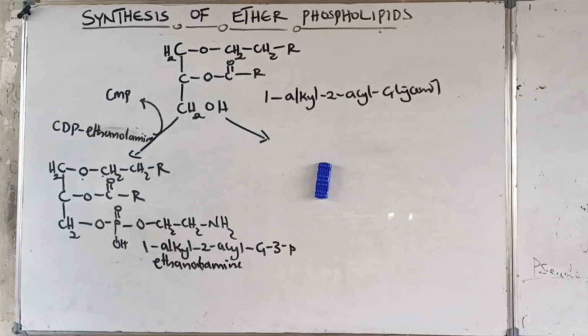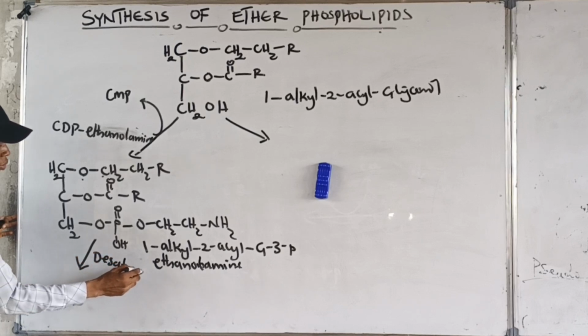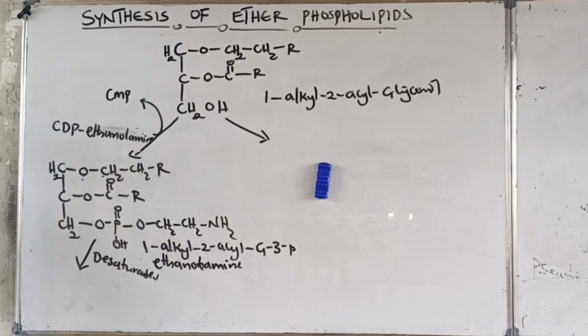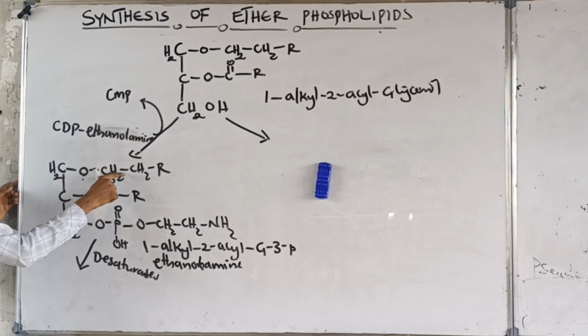The last step in order to get your plasmalogen is that an enzyme called desaturase, or mixed function oxidase, will come in. Desaturase means removal of saturation, an enzyme that introduces a double bond. So if you check this place very well, a double bond will be introduced here. That's the function of that mixed function oxidase or desaturase.